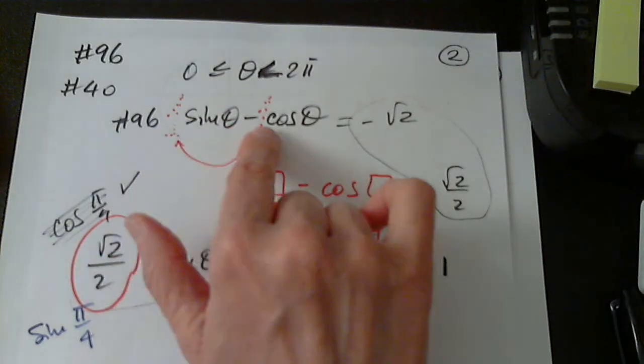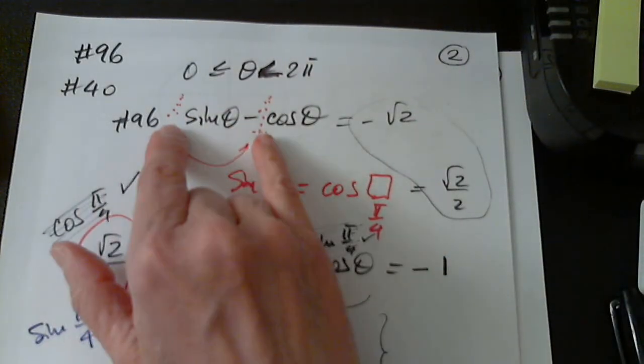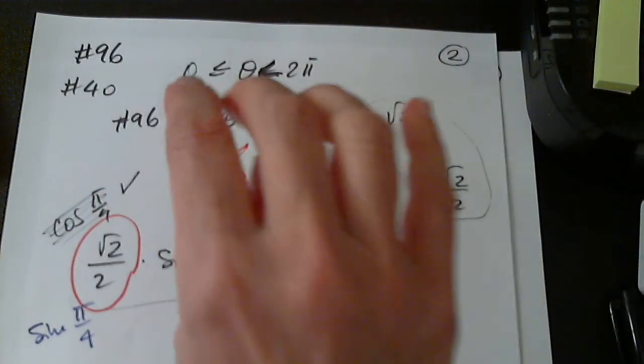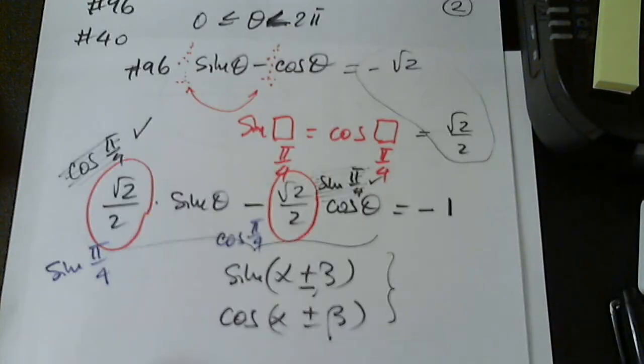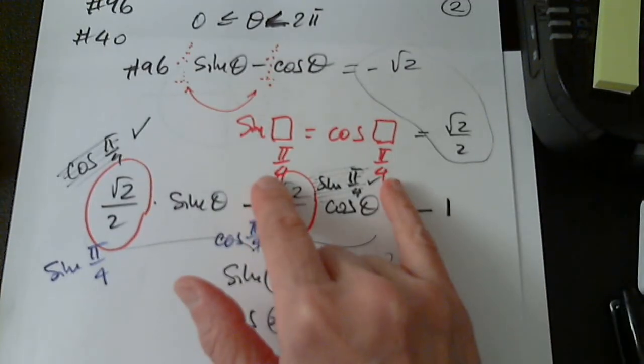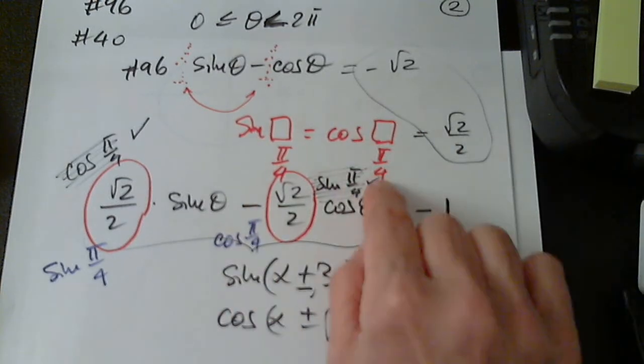Because I realized that these two numbers are equal. If these two numbers are equal, I have to use the only angle whose sine and cosine are equal.